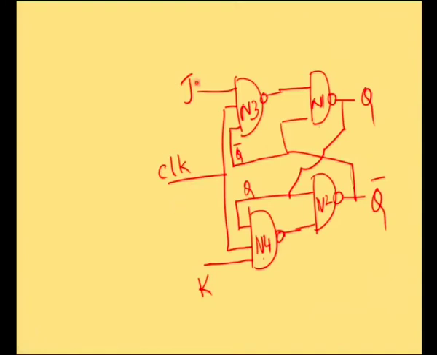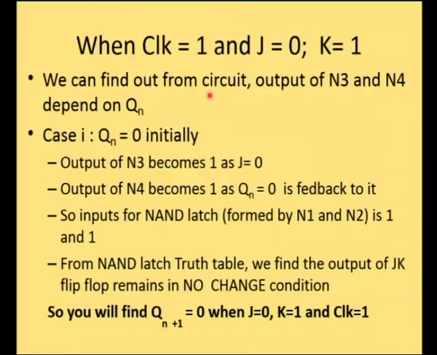Clock is 1, J equal to 0 and K equal to 1. In case you have Q, rather Qn, before the clock pulse is given, the output were 0, what would happen? In case the output were 1, what would happen? When clock is equal to 1, J is equal to 0, K equal to 1, what do you think will happen?